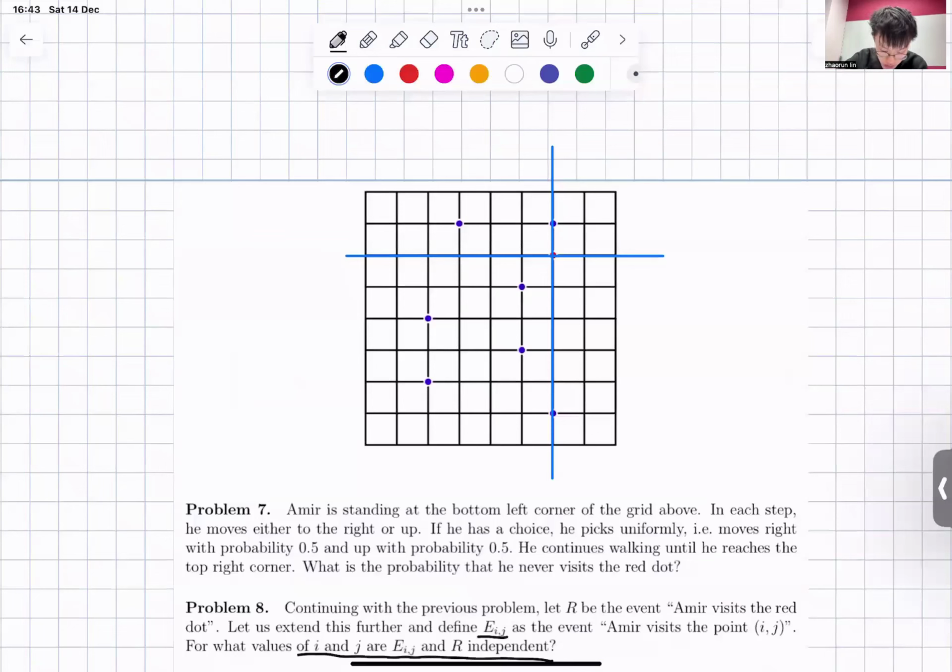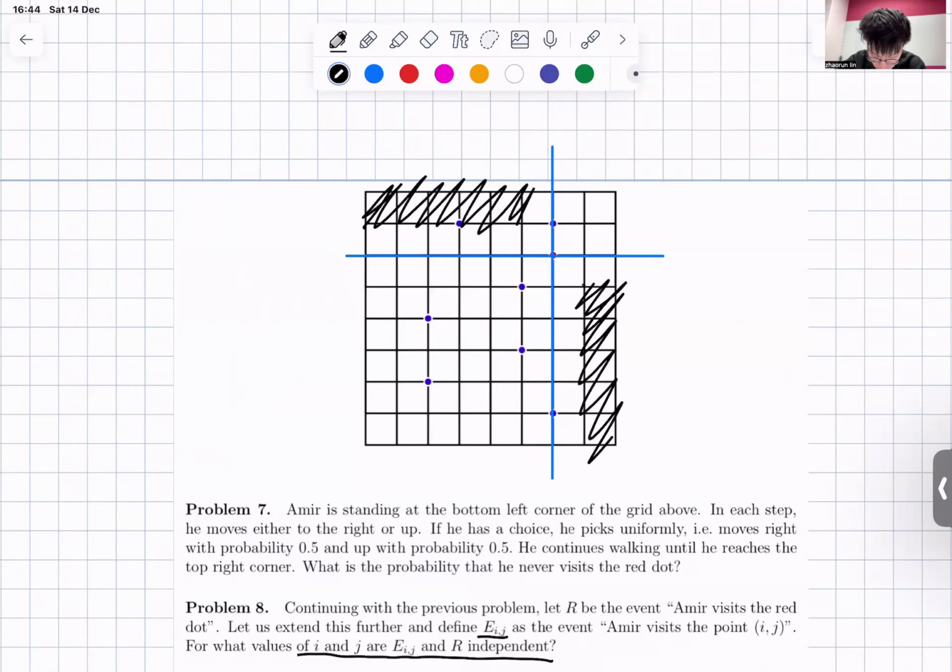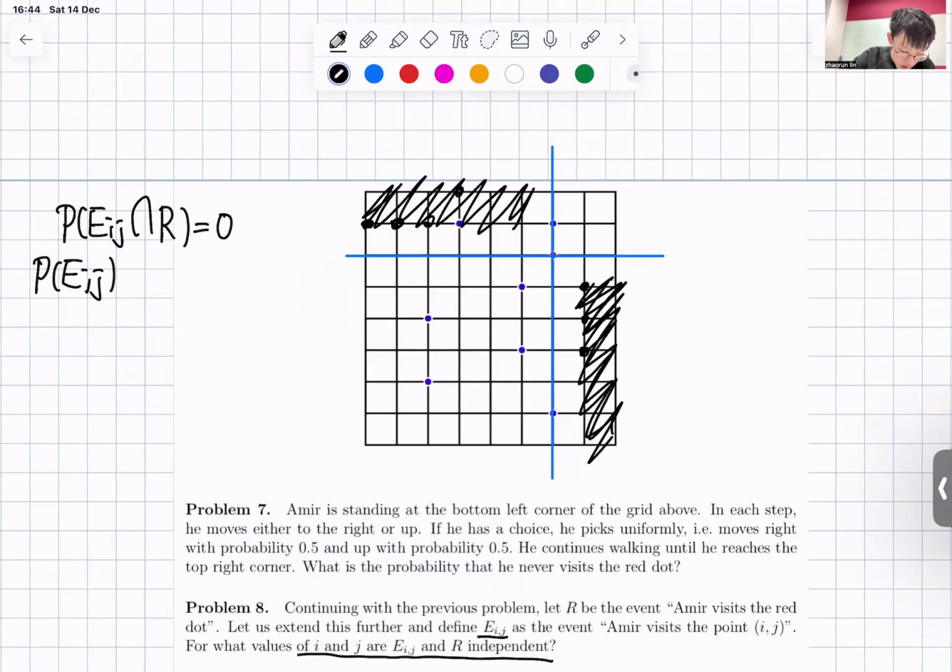So you can see that for these points and these points, so it's just the points that I covered, their probability P(Eij and R), you can see that if you reach these points, you cannot possibly reach the red point, right? So they have a probability of 0. And similar for these points, but the probability of Eij itself and the probability of R are not 0.